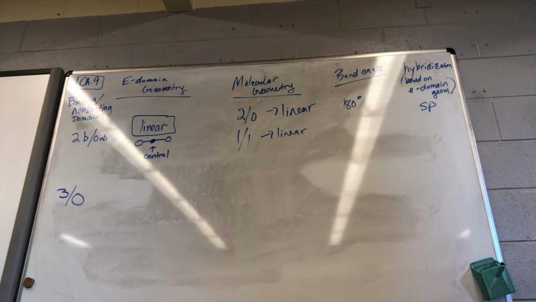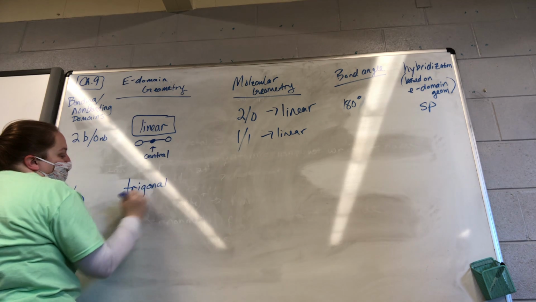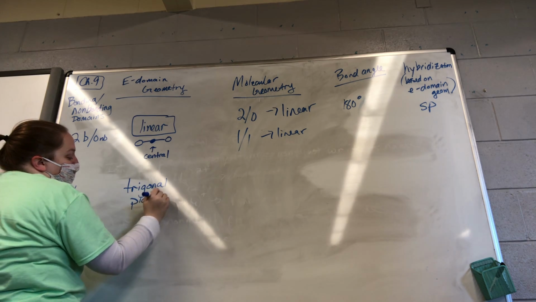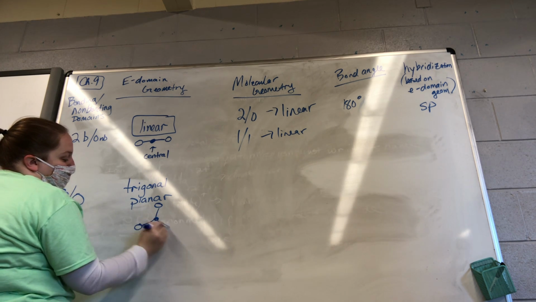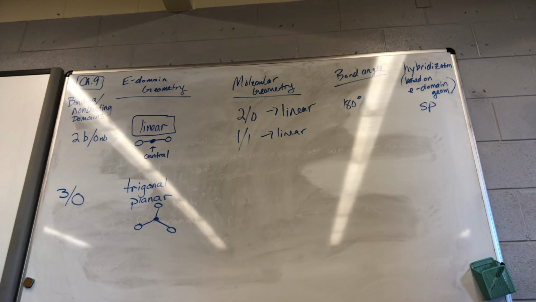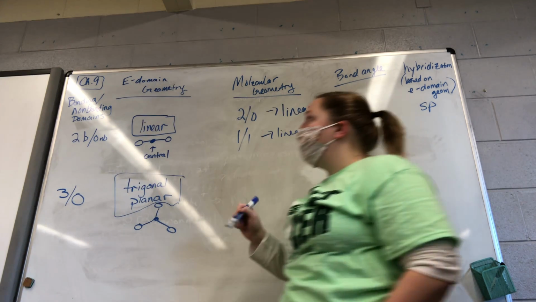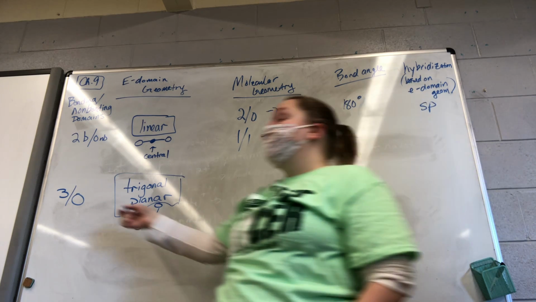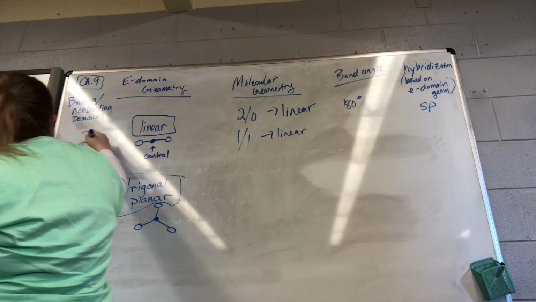3 bonding domains, 0 non-bonding domains, and everything underneath it is going to be a trigonal planar molecule. This electron domain geometry applies to any molecule that has 3 domains, whether they are bonding or non-bonding.